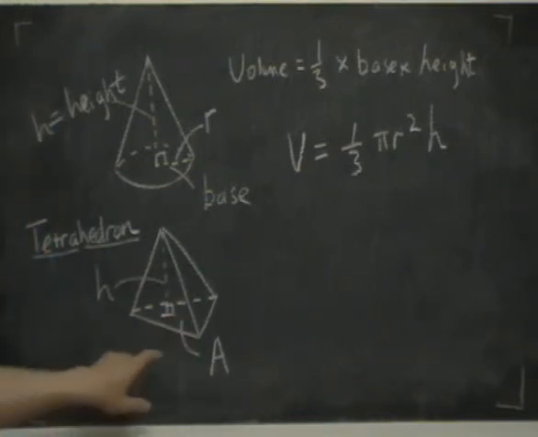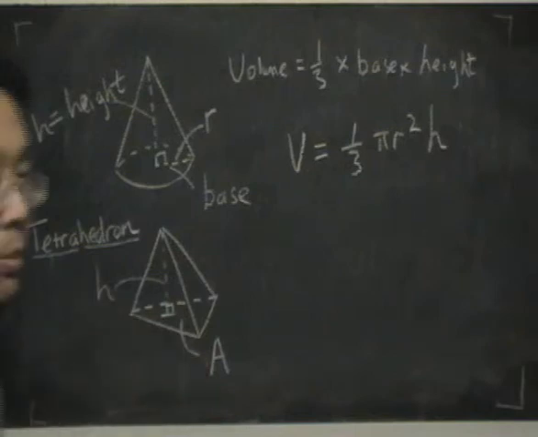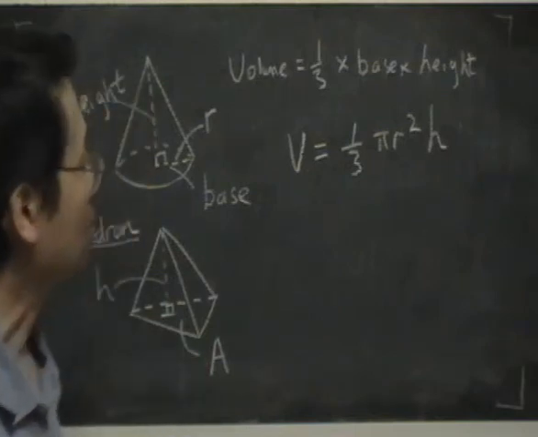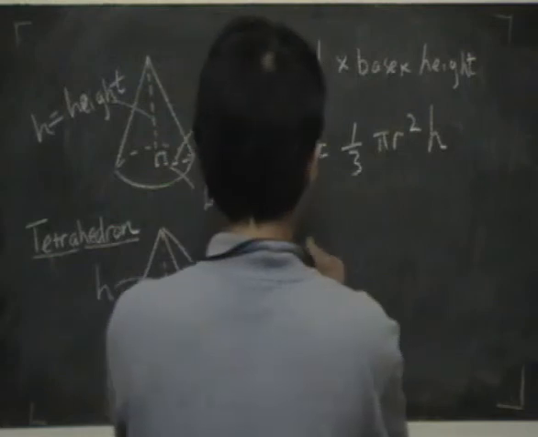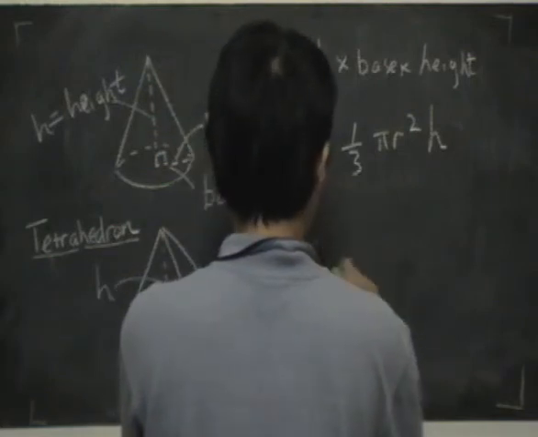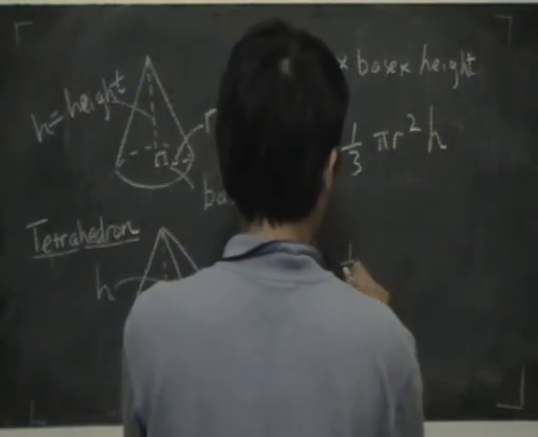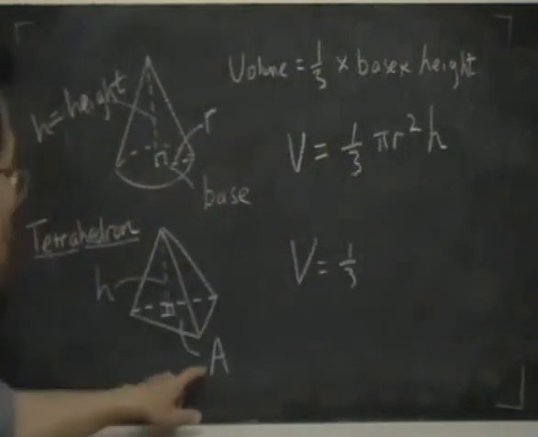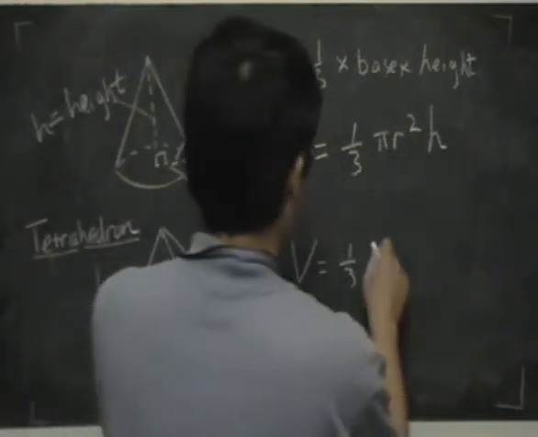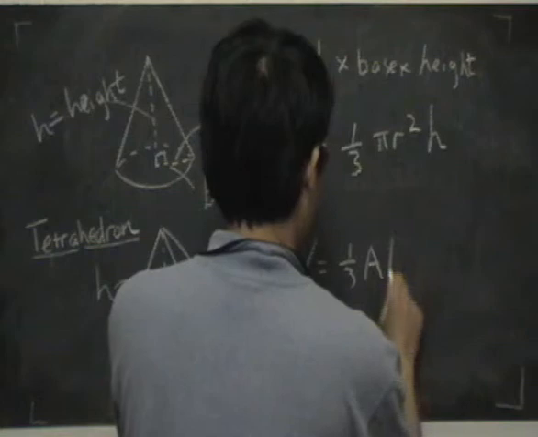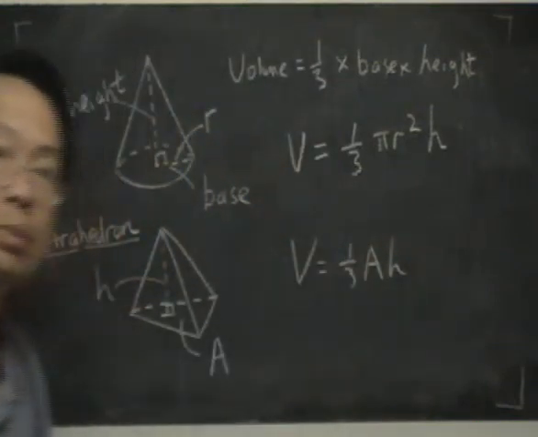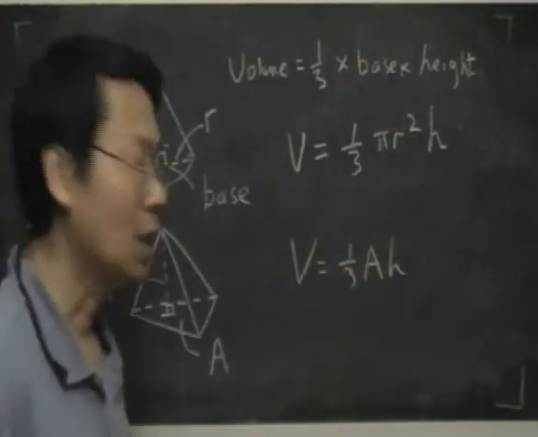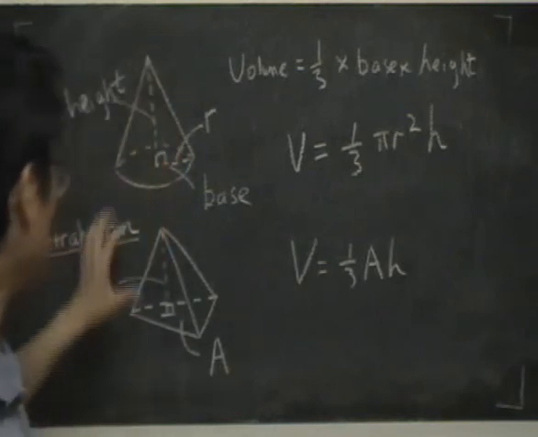So 1/3 base times height, and I can make up an algebraic formula for that. V is equal to 1/3 times A, the base area, times H, the height. 1/3 base area times height. So that's the formula for finding the volume of a tetrahedron.